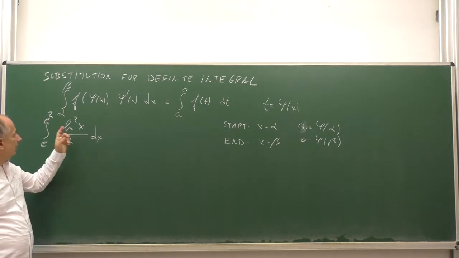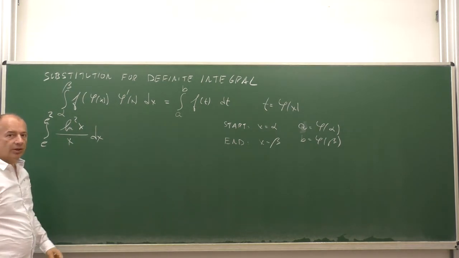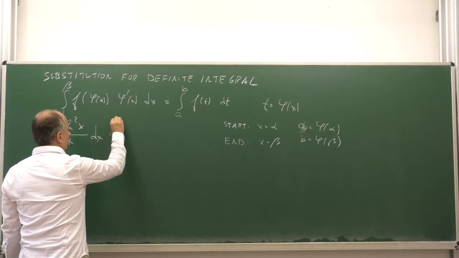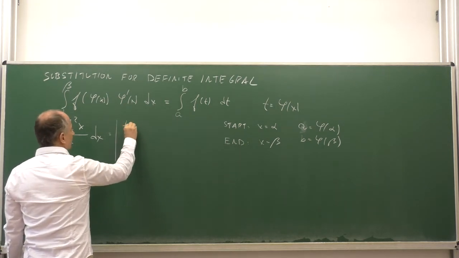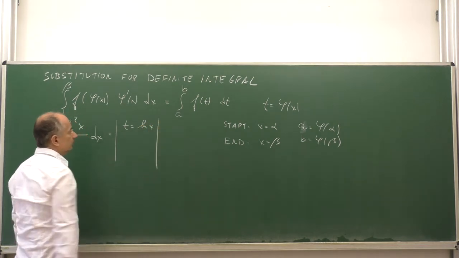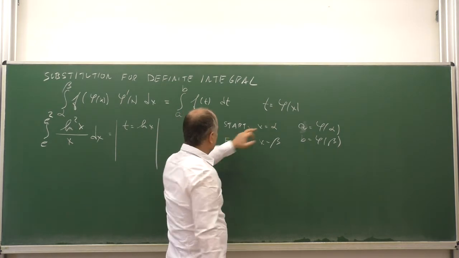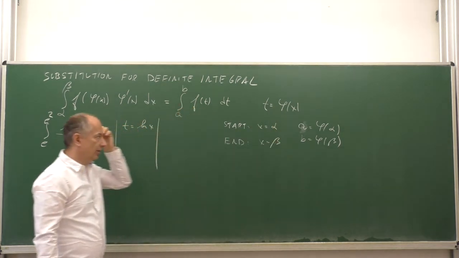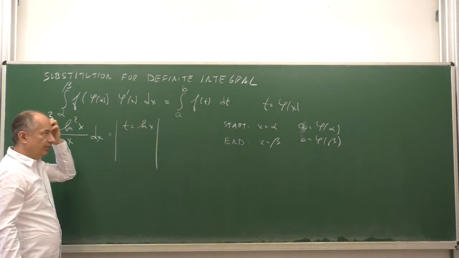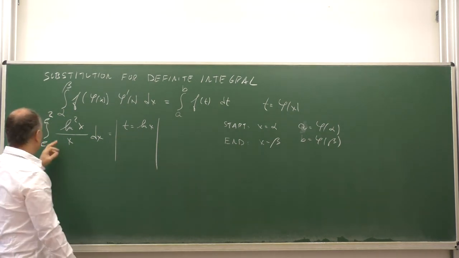You can see that logarithm might be a good suggestion for the substitution. So let's write t is logarithm of x. This is a particular case for this general writing. T is some function phi of x. Here phi is the logarithm.